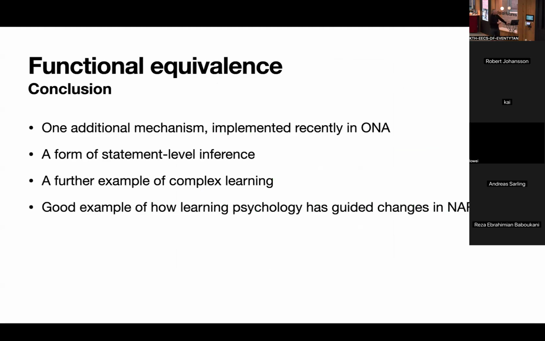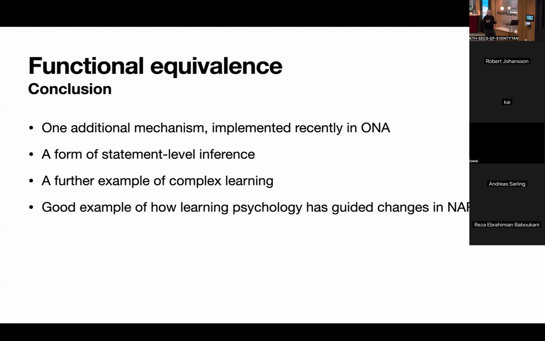So this is, once again, it required one change to OpenNARS for Applications. It's inspired by Pei Wang's NAL5, reasoning on statements as terms. It's a very good example of what Jan De Houwer called complex learning.